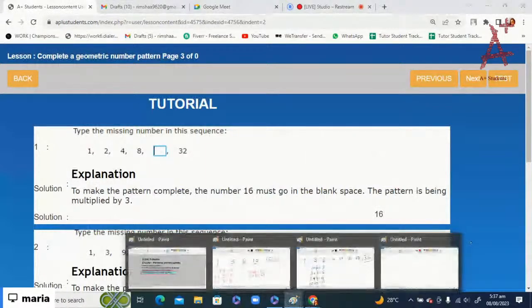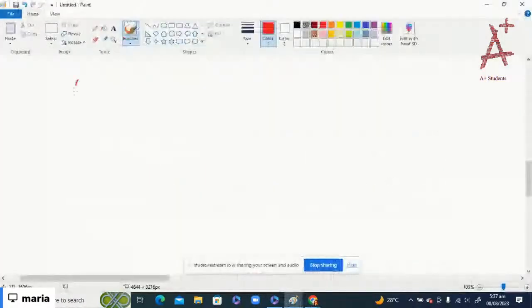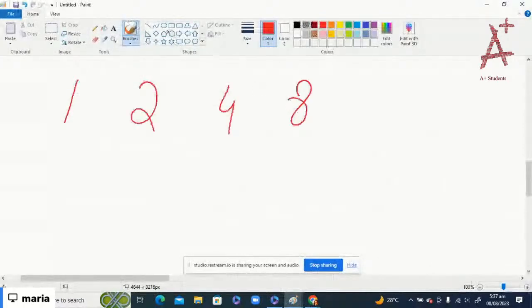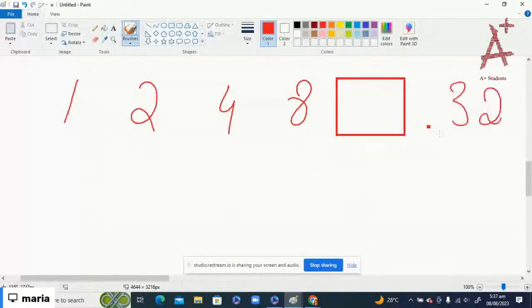Okay, here are the numbers 1, 2, 4, 8. Here is the box. Check it. Which pattern do we follow here?